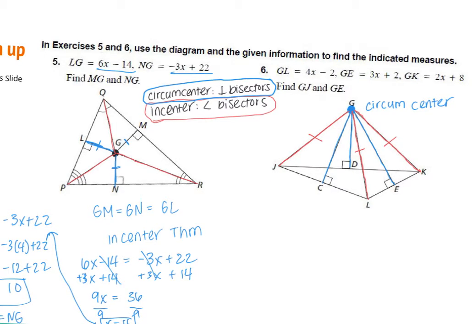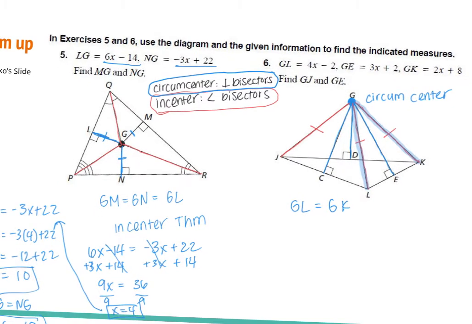GL and GE. GL, which is this one, that one's congruent to GE. Oh no, it's congruent to GK. Good, GK. Do you see that? So GL equals GK.